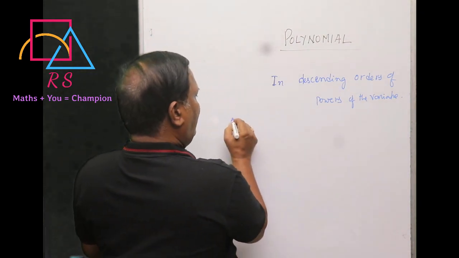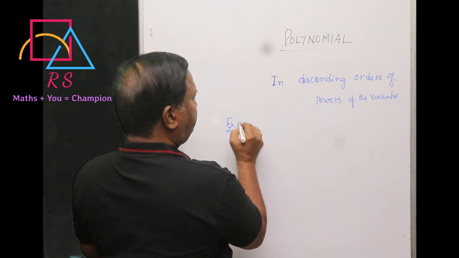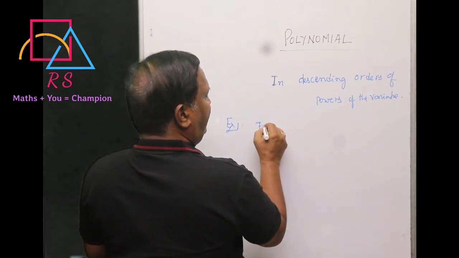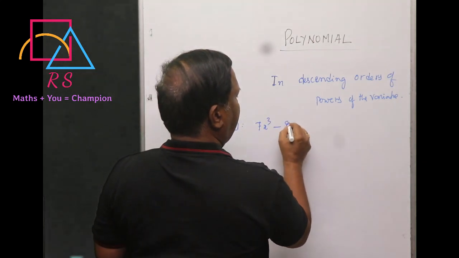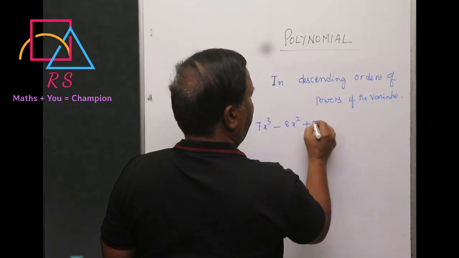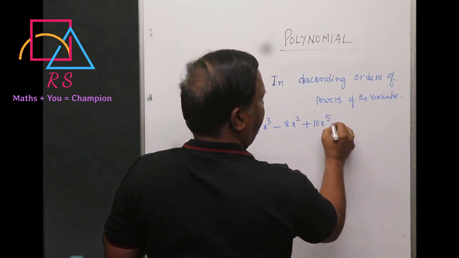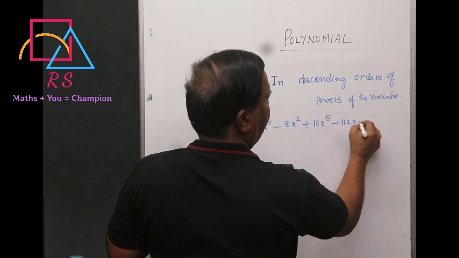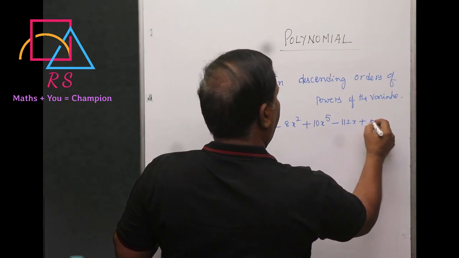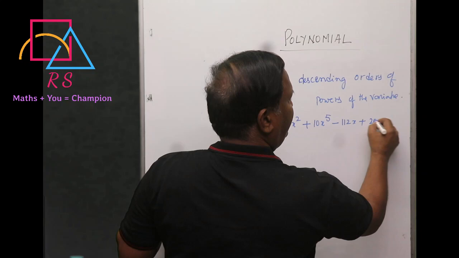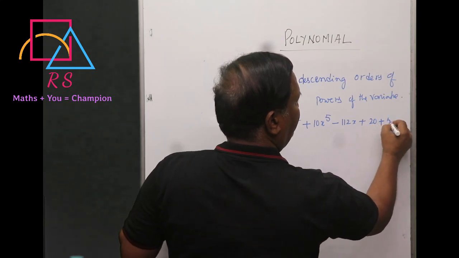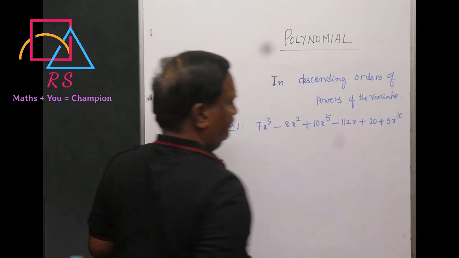For example, I will give you one example here. 7x cube minus 8x square plus 10x to the power of 5 minus 102x plus 20 plus 5x to the power of 10.